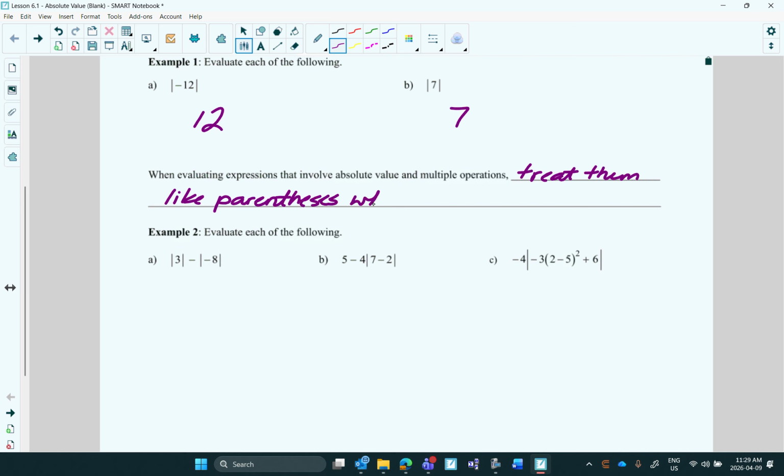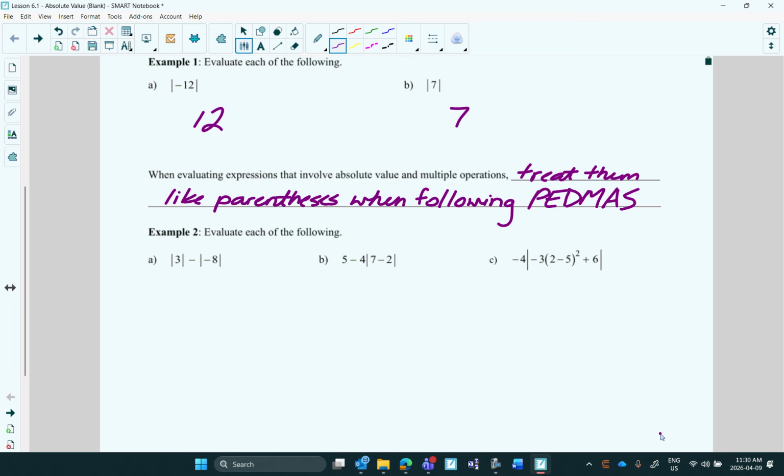When following PEMDAS, some of you may know that by a slightly different name, but that's something that we use for order of operations.